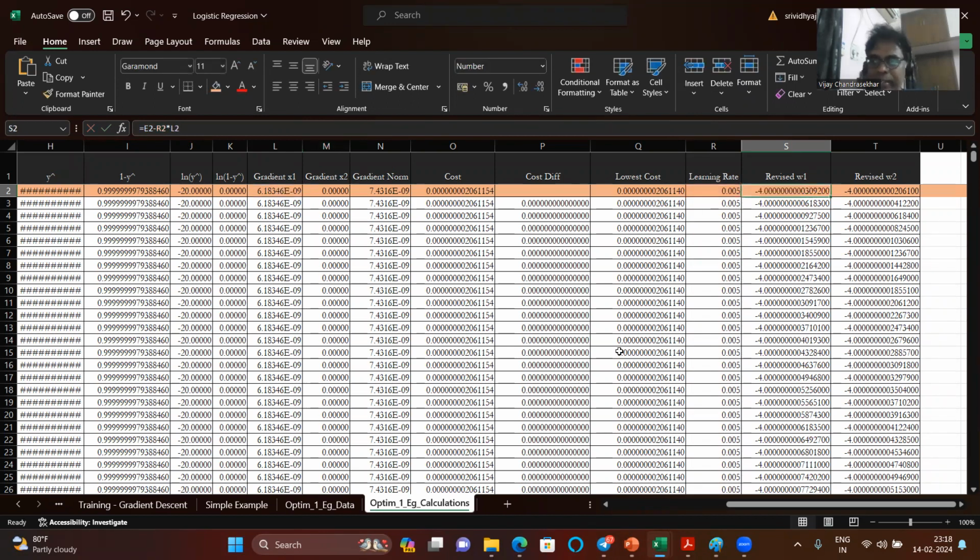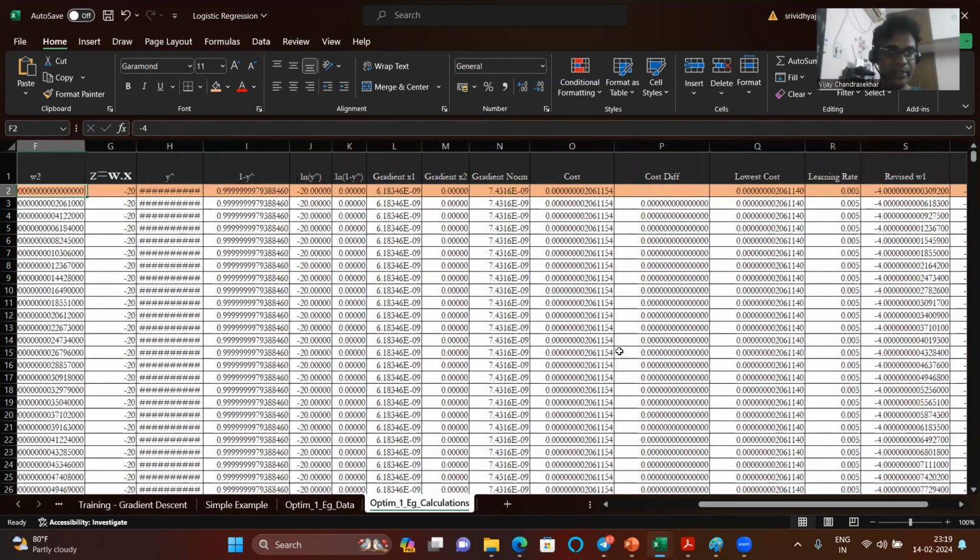Now someone else can tell me what would the revised W2 be? W2 minus learning rate into gradient of W2. Exactly. Correct. So the original W2, if you look at this, it says F2.